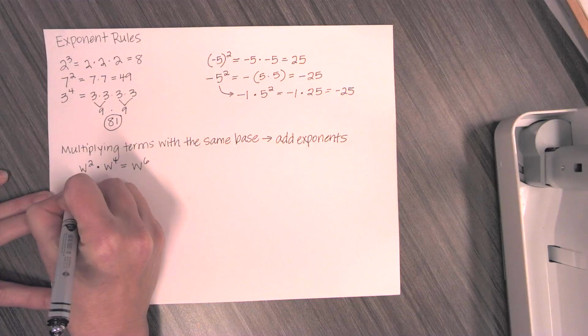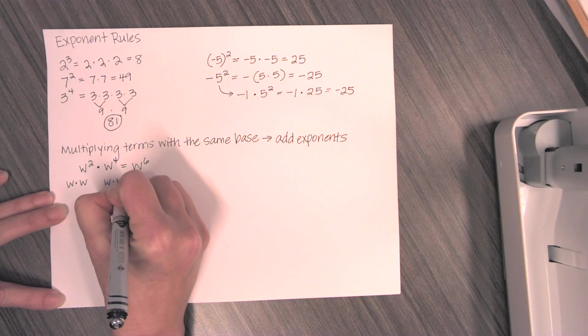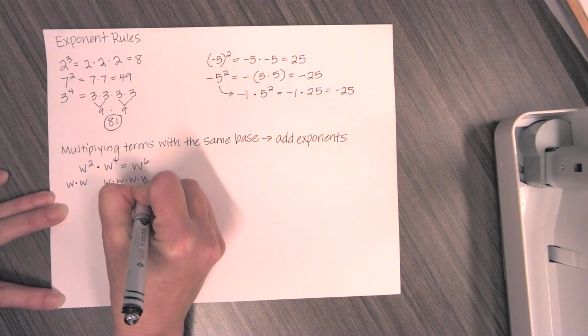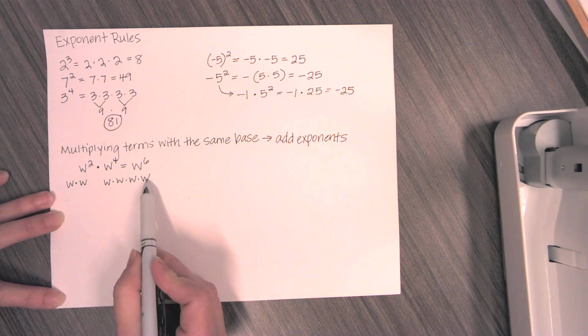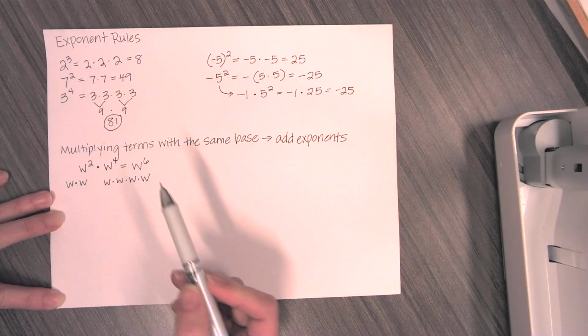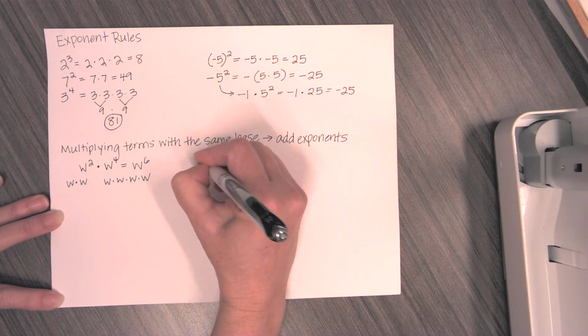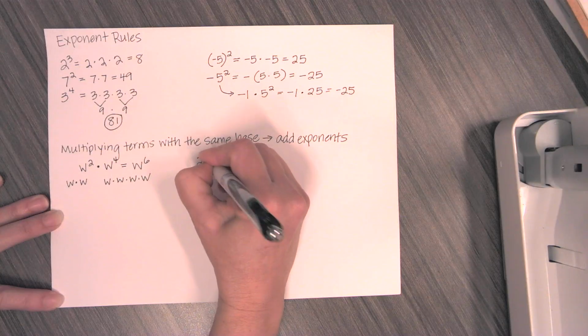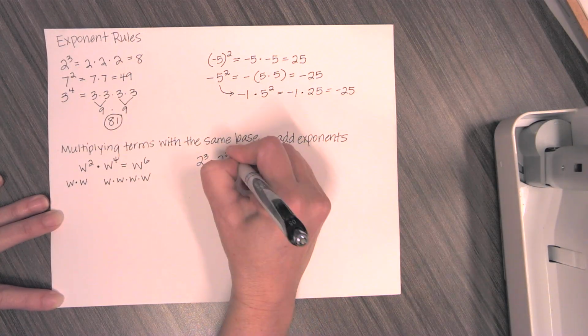W squared is w times w. W to the fourth is w times w times w times w. And how many w's does that make? W to the sixth. That's why we add. Okay, now that works even if it's a number base. You have 2 to the third power times 2 squared.